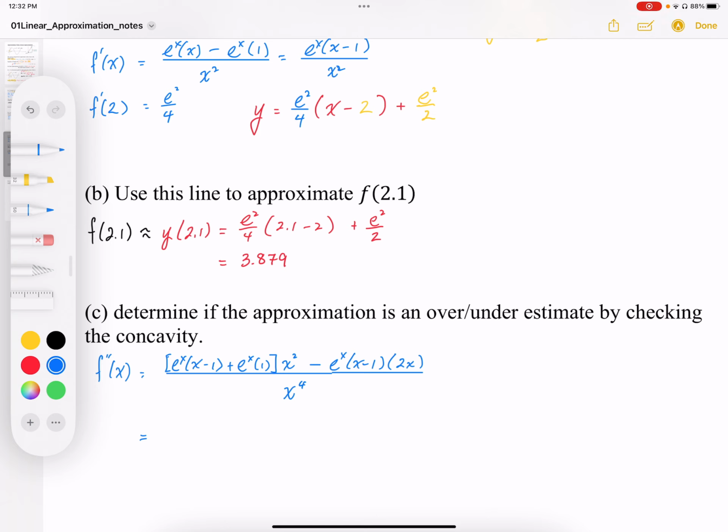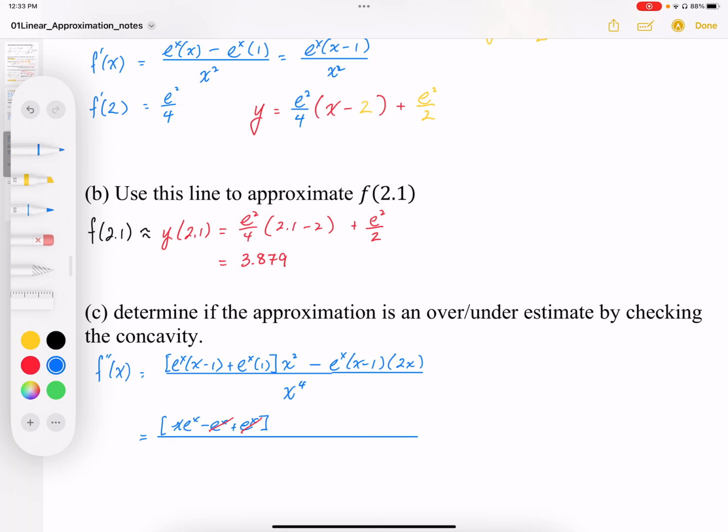I'm going to, first of all, expand out those brackets, so I get x e to the x minus e to the x plus e to the x. Okay, those are going to cancel out. So I'm just going to cancel them out right now.